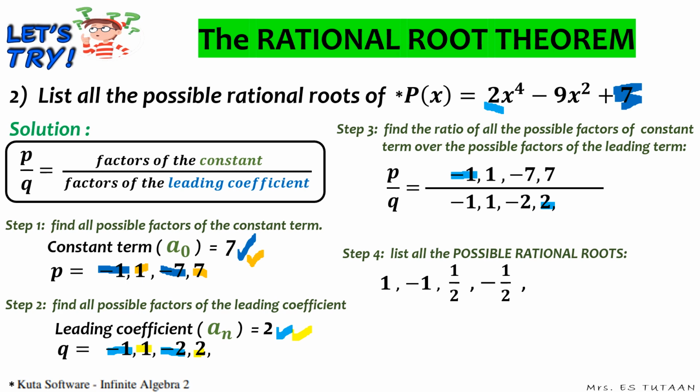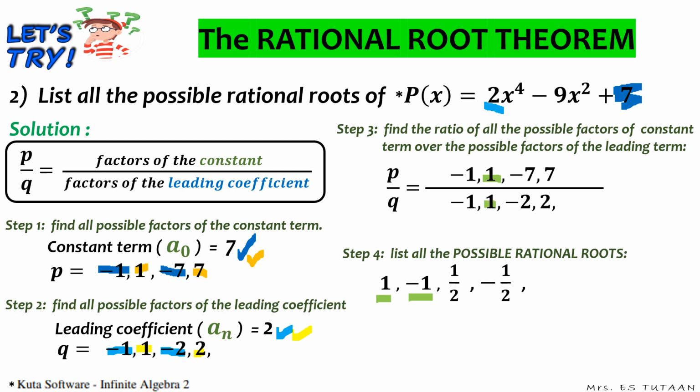Now, let's proceed to the next factor of the constant. We have positive 1. So, again, pagparis-parisin lang ang pag-divide. We have positive 1 divided by negative 1. That will give us negative 1. Ito na siya. Hindi na natin uulitin ang pagsulat ng negative 1. Next, we have positive 1 divided by positive 1.